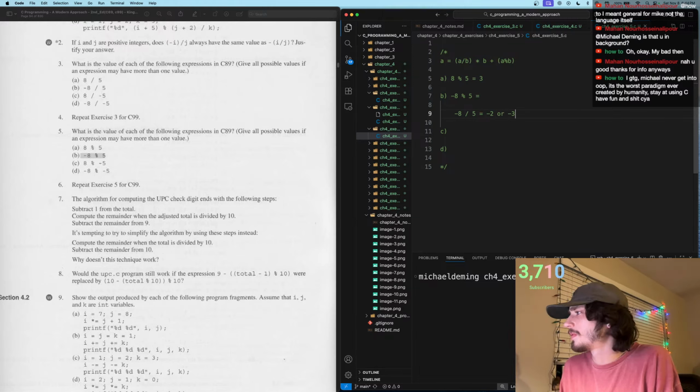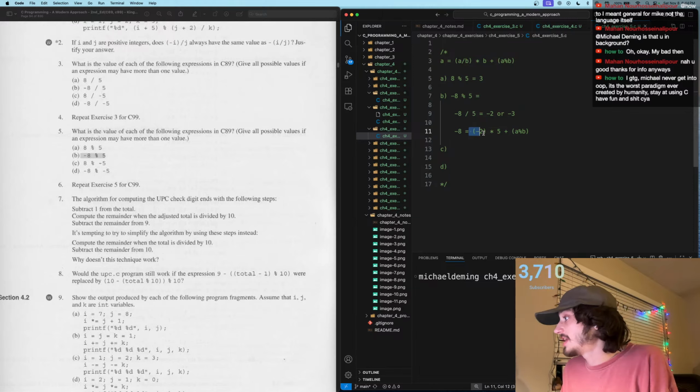So then we would plug this into our equation here and say negative 8 equals our value that we plugged in, so it would be negative 2, times our b value of 5, plus a modulo b, which is what we're solving for.